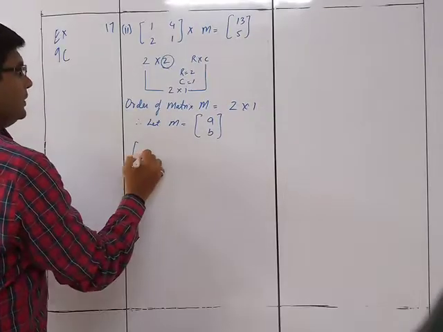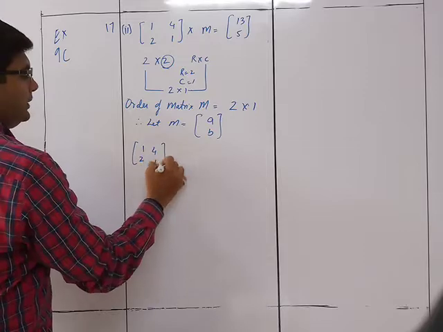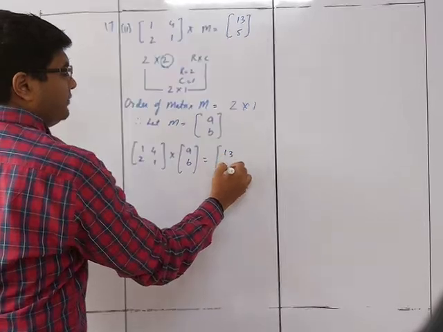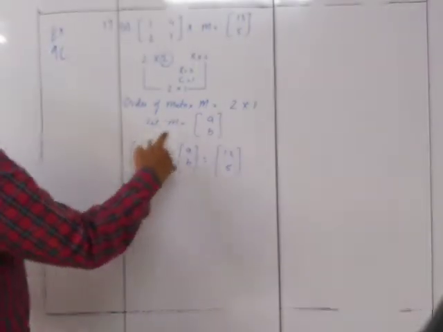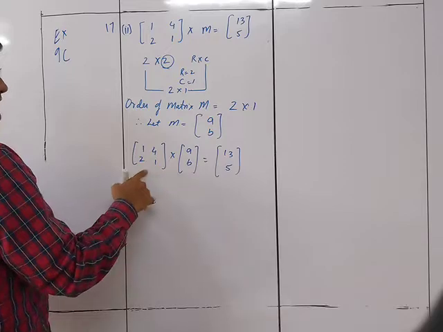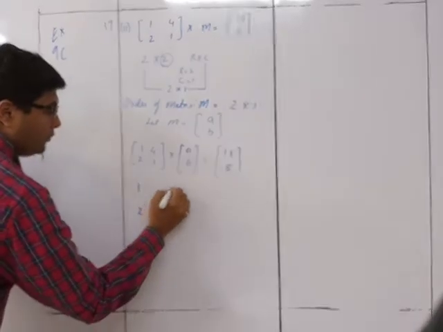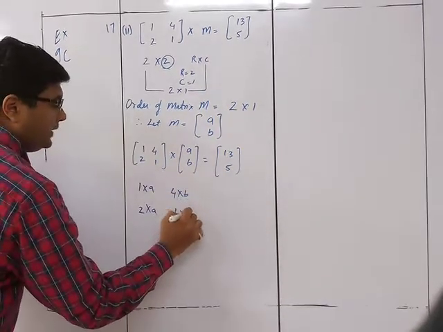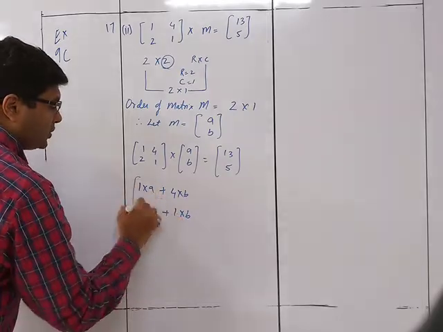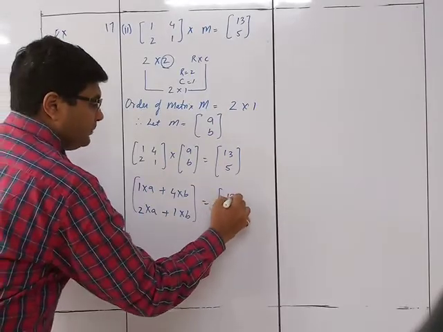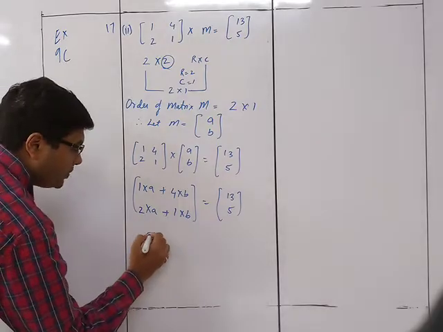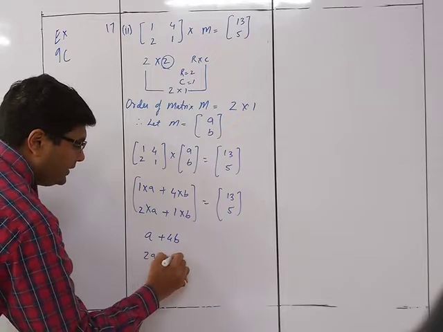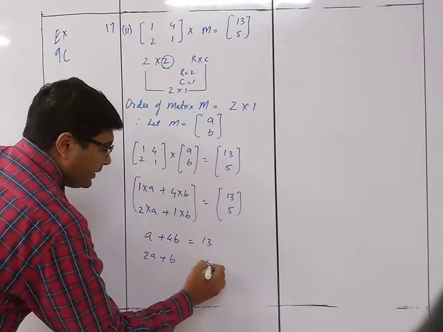Now we have over here 1, 2, 4, 1 into A, B is equals to 13 and 5. This was 1 by 2, so I'm going to write this only once. So it is 1, 2, 4, 1 into A, B, plus sign here. So accordingly, this becomes 13 and 5. This will be A plus 4B and 2A plus B is equals to 13 and 5.